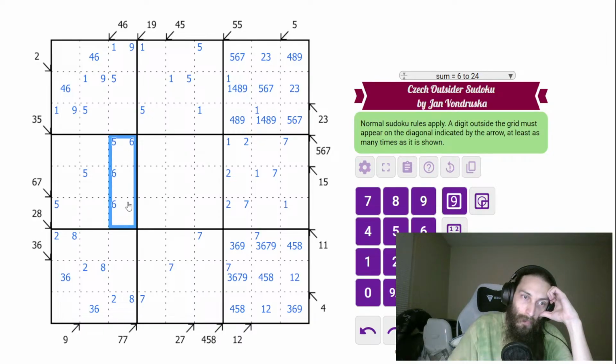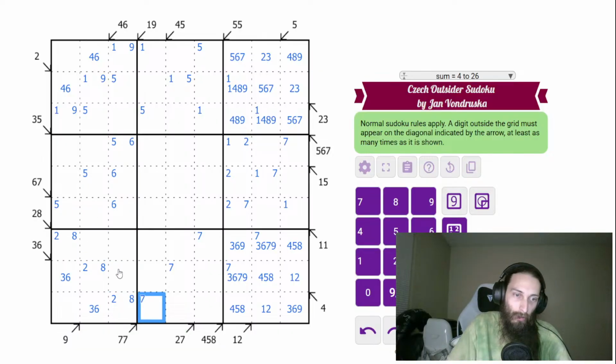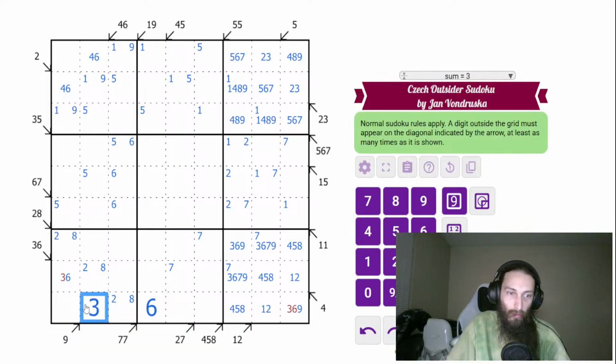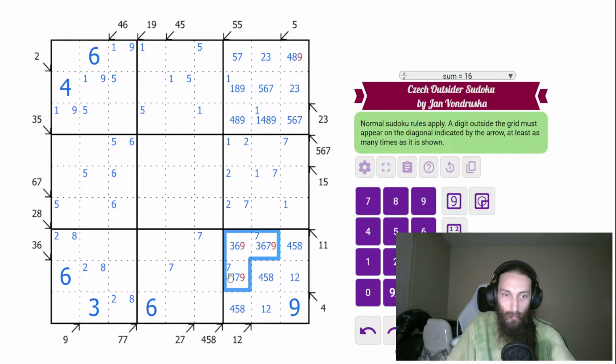Aha! So the 6 along this diagonal can't be here, and can't be here. So that's a 6. 3 and 6, 4 and 6. 6 and 4 is gone. 6, and that was apparently a 9.